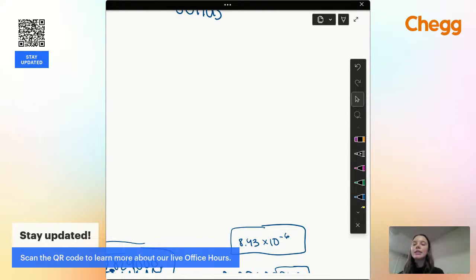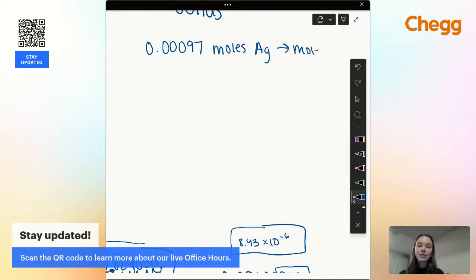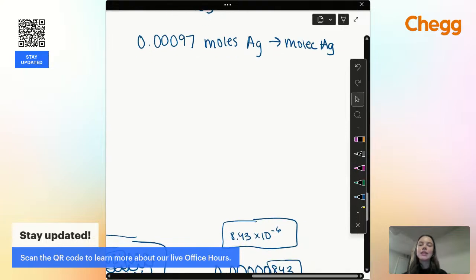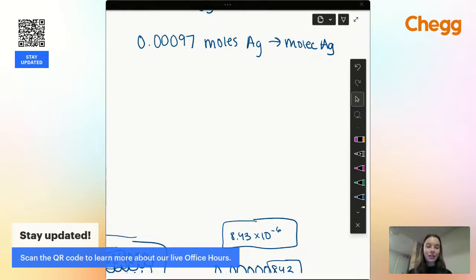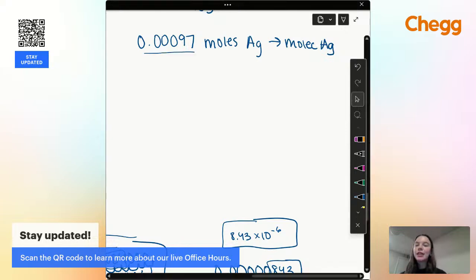But let's convert 0.00097 moles of silver to molecules of silver. So does anyone have any ideas on how we would do that? If you do, comment on the YouTube or Twitch stream or the TikTok and let me know what we would do. So we always start out with what we're given.